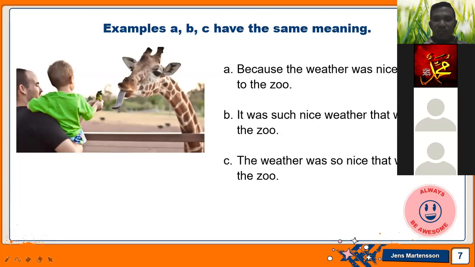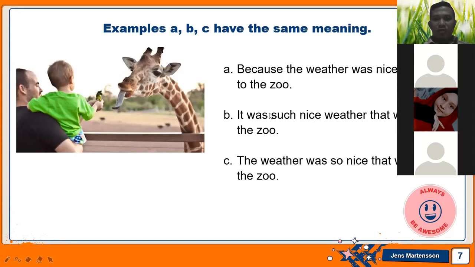It's such, yeah, so such. We use such before an adjective, and we also use that here to connect these two sentences.